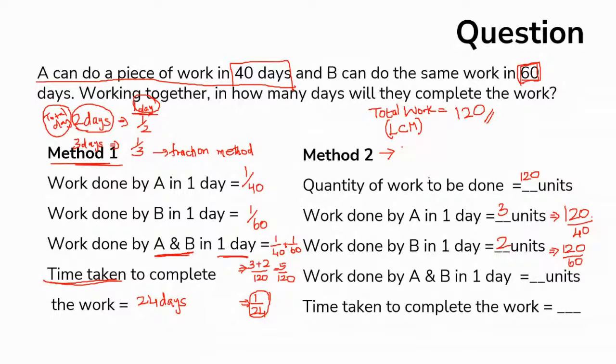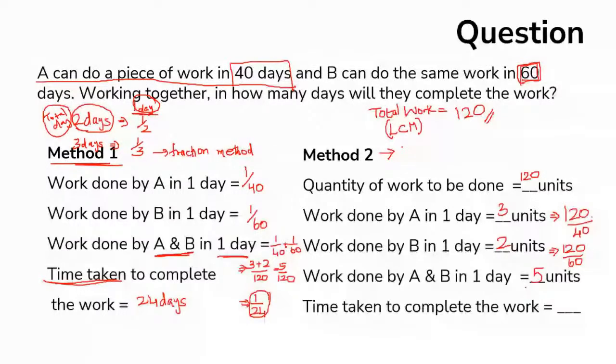So if both of these were working together, work done by A and B in one day is what? A can do 3 units per day, B can do 2 units per day, and if both of them are working together, they can do 5 units per day.